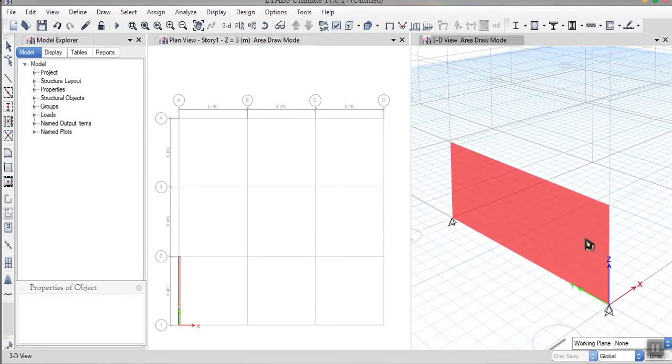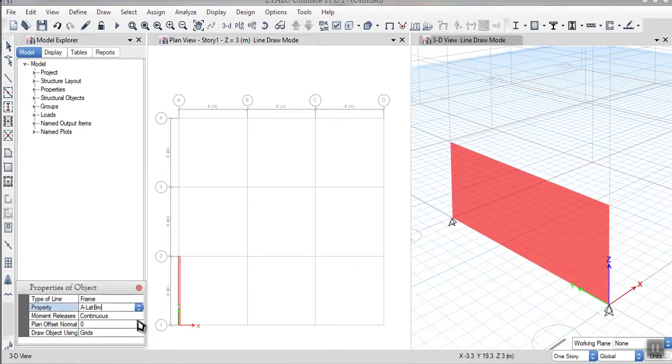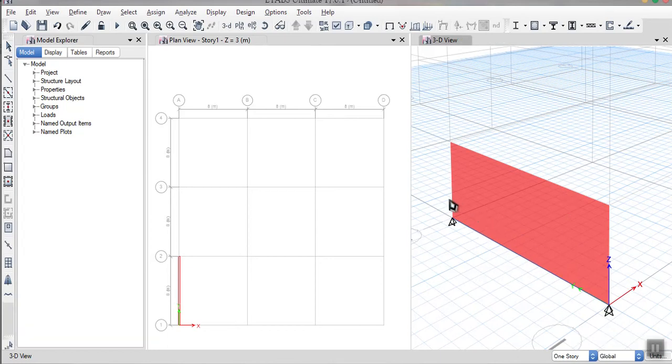We don't have a column here, and I'm not providing any beam or column anywhere. It's resting on the slab. Maybe let's provide a beam here for simplicity. B is right there. Okay, the beam is also there. Alright, now let's come back to the problem.